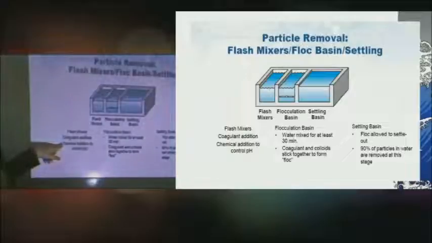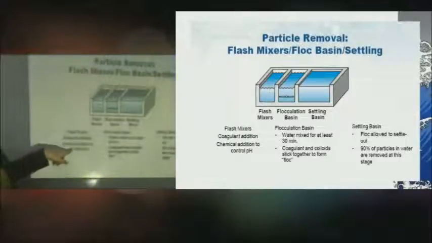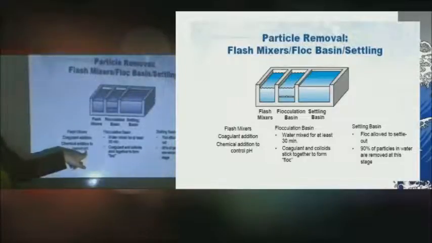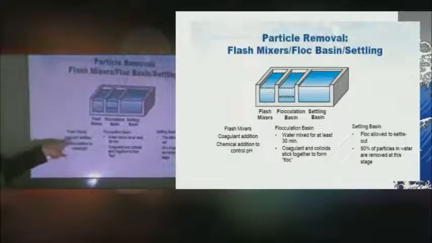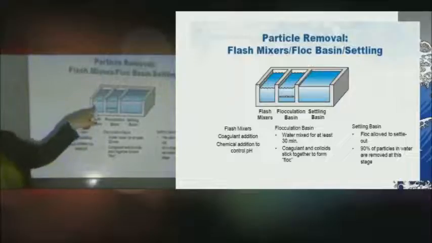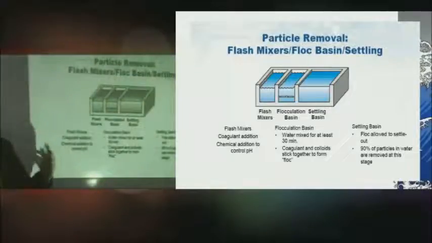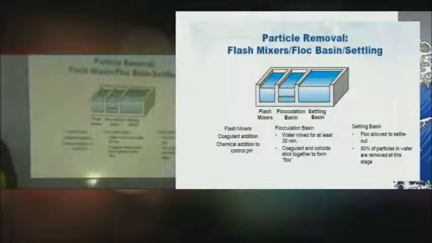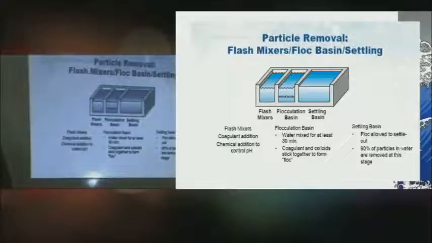Then normally this is also where you add chemicals for the equalization or control of pH. Now here, the flash mixers would have turbulent, rapid mixing. Why? So as to ensure that there is uniform mixing of chemicals with the water or wastewater.